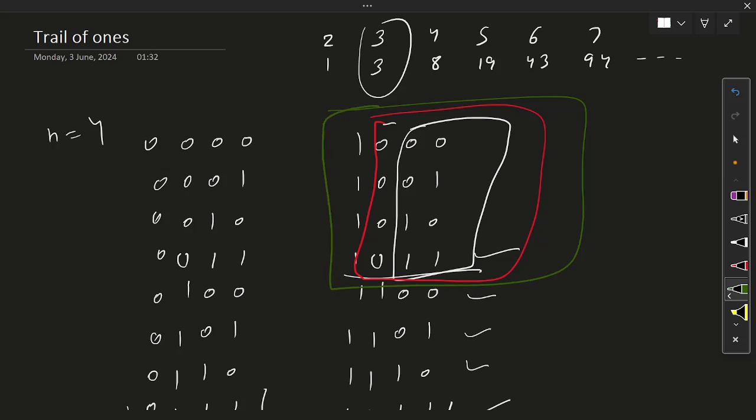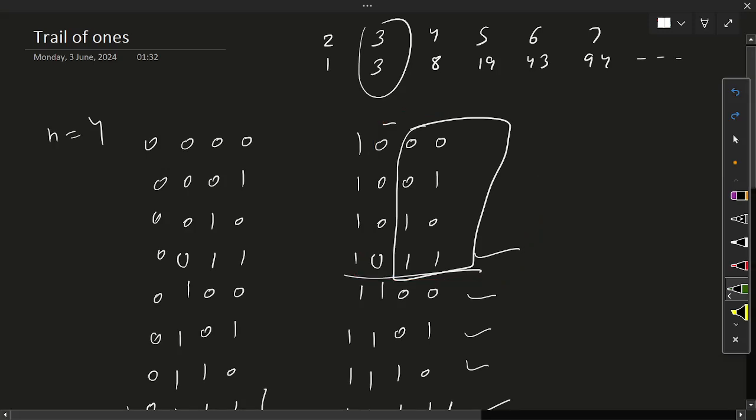In this red area, this is a set of 3, but 0 is written in front of them. So the white area is a set of 2. Just check how many consecutive ones there are in a set of 2. In a set of 2, we have one consecutive.